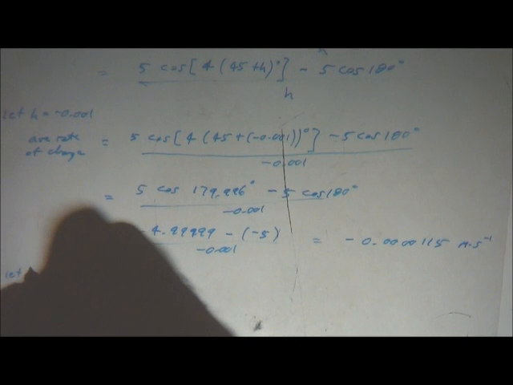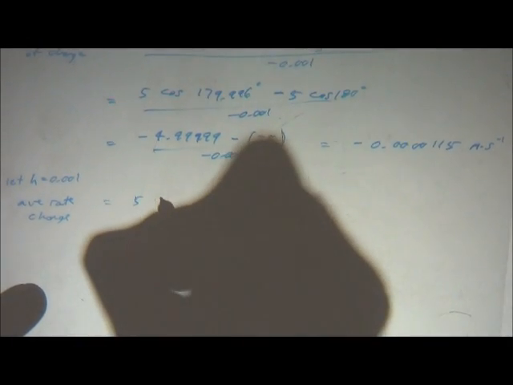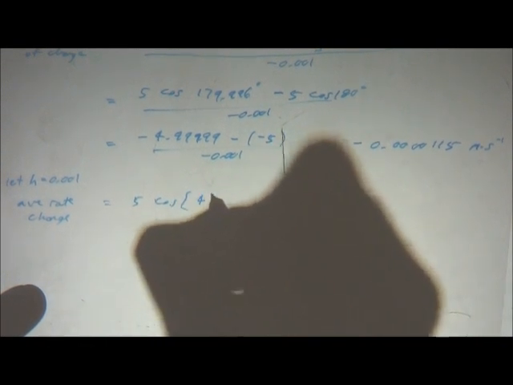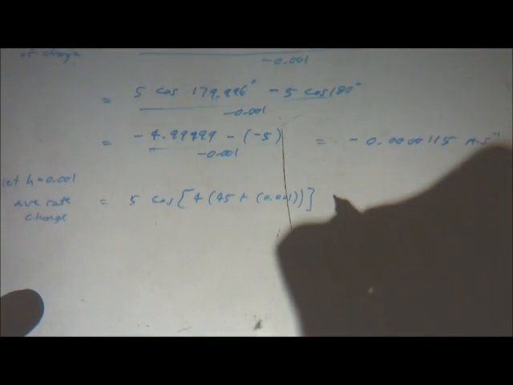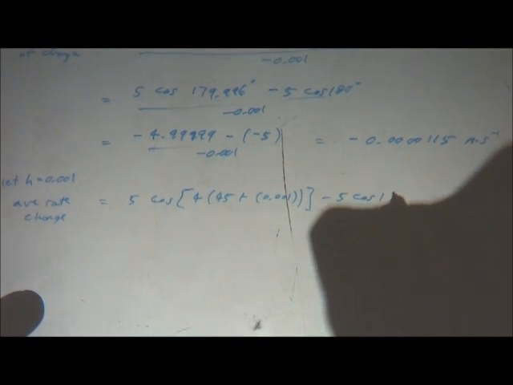Then we'll do the same thing with h being positive, so let h be 0.001. The average rate of change is going to be the same thing as we've seen in this other example. So 5 cos of 4 times 45 plus positive 0.001 minus 5 cos 180 all over positive 0.001.